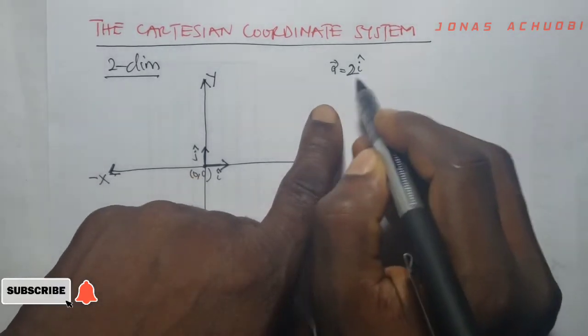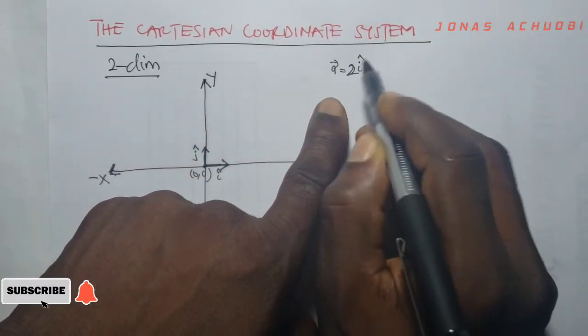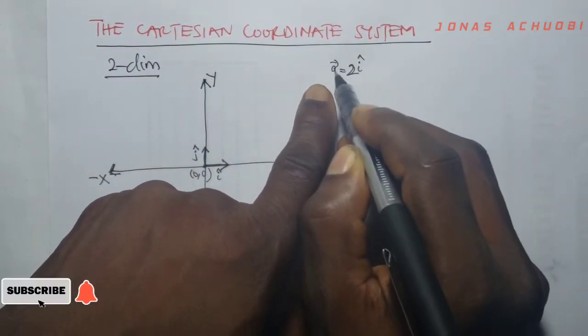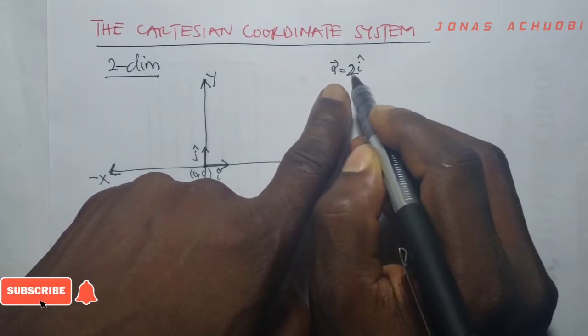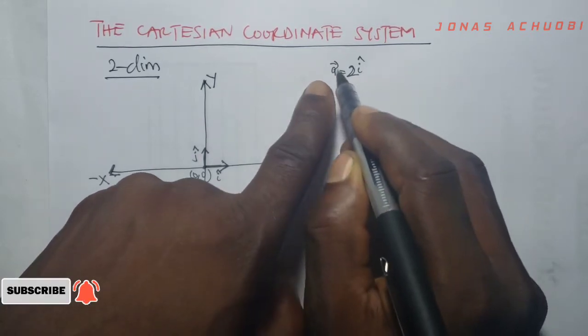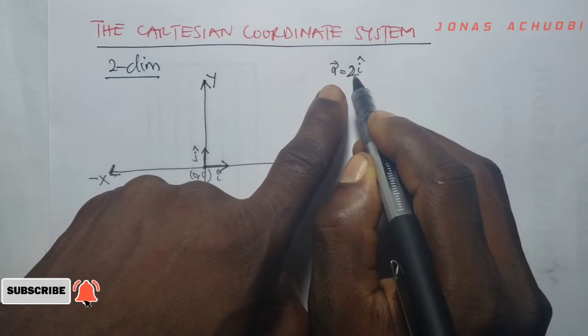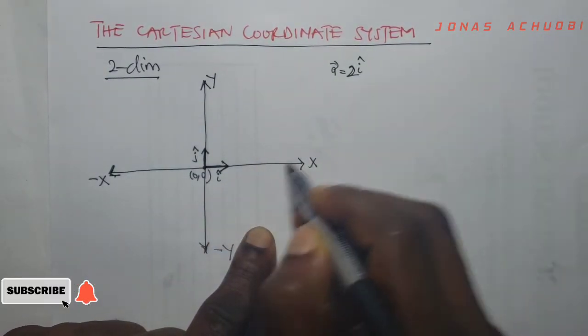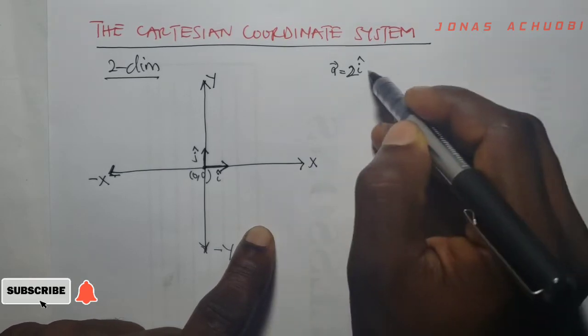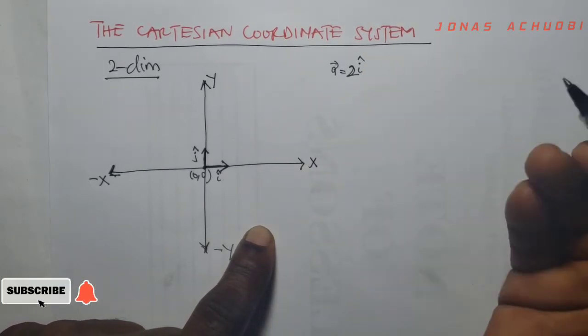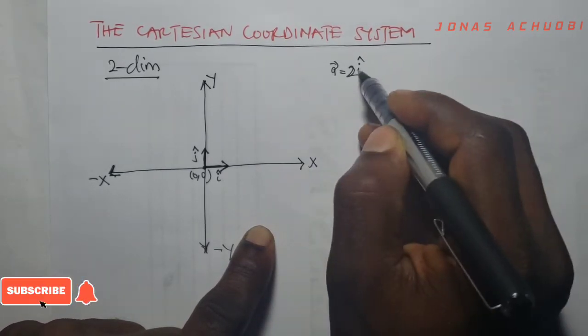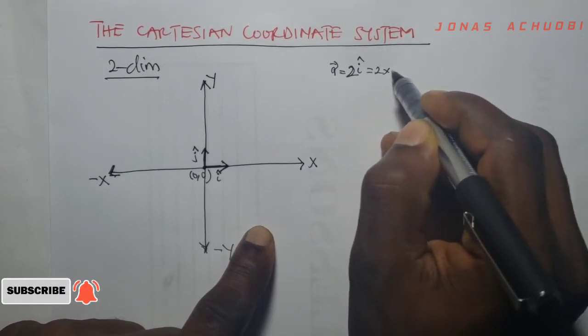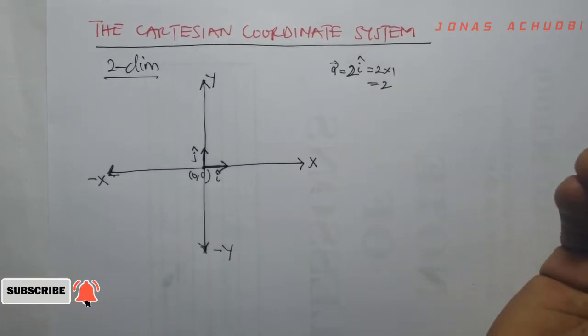This tells us the axis where vector a lies. When we see 2i, this simply means that vector a has length 2 and is in the x direction, since i is a unit vector in the x direction. Unit vector means that the length of this vector is 1, so 2 times 1 is just 2.